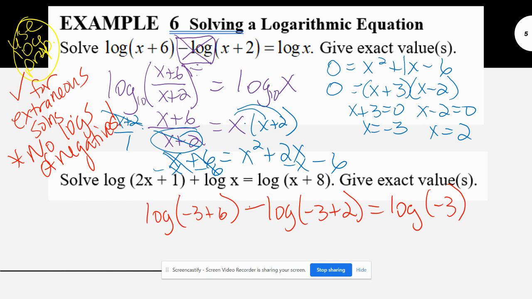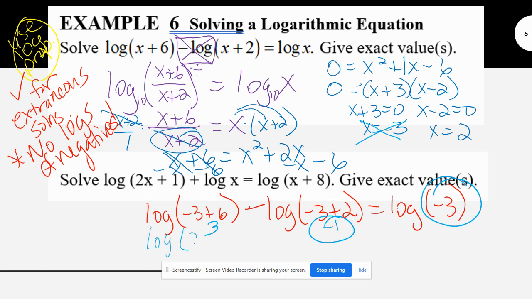Well, negative 3 plus 6 is 3. Negative 3 plus 2 is negative 1. And so here's a log of a negative, and here's a log of a negative. That means we cannot use the negative 3. That is extraneous.